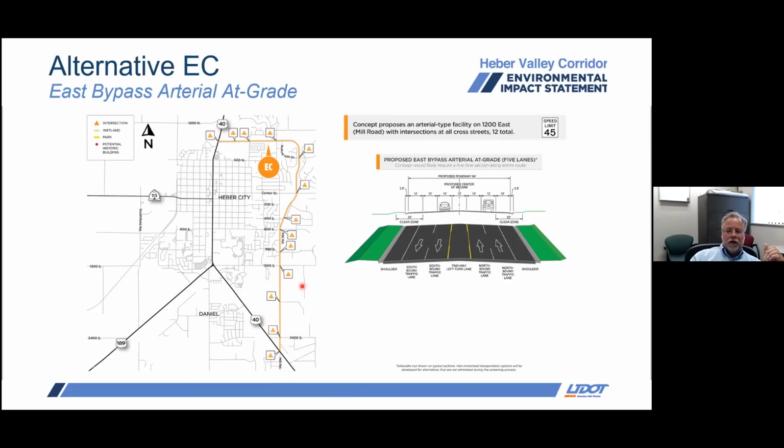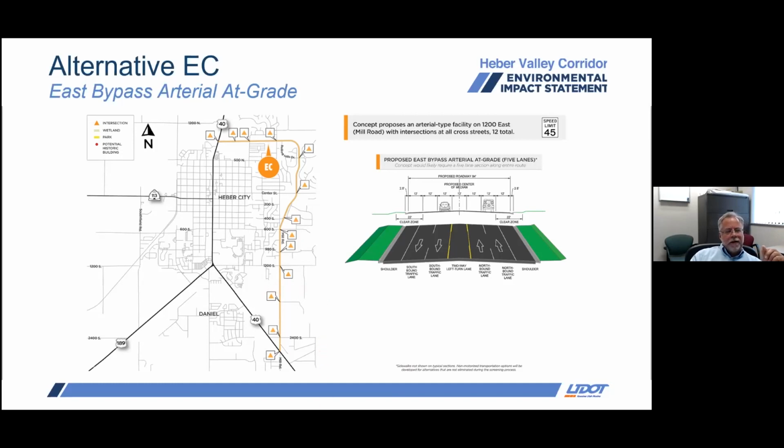Preliminarily, this alternative would require 2 lanes in each direction for the entire route. It requires more lanes than the previous 2 alternatives because this alternative carries both the local traffic as well as the through traffic, which in the other 2 alternatives we had those movements split.